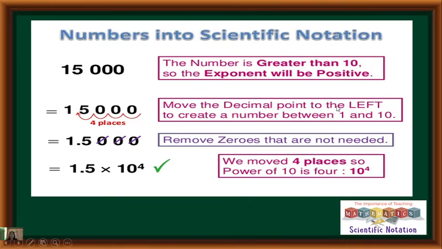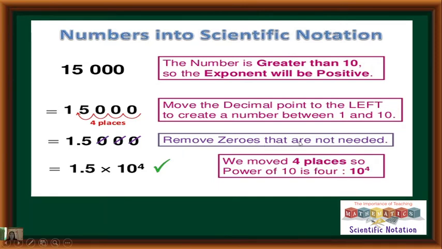Move the decimal point to the left to create a number between 1 and 10. So from here, move how many places to the left? 1, 2, 3, 4. So we have 4 places to the left. Okay, so this will be the final location of our decimal point.